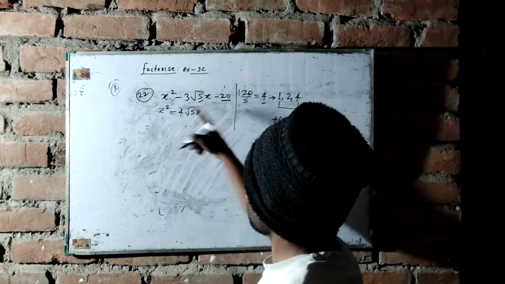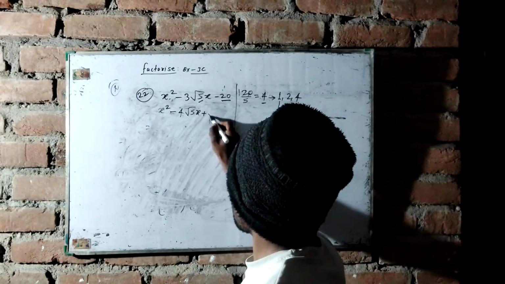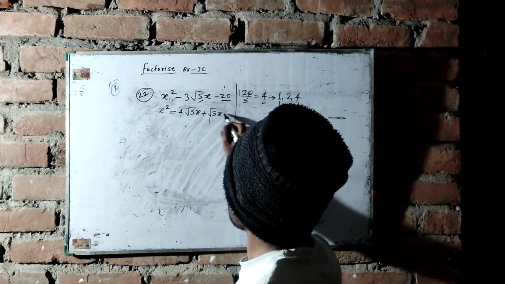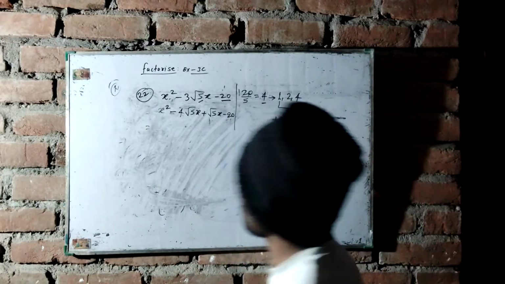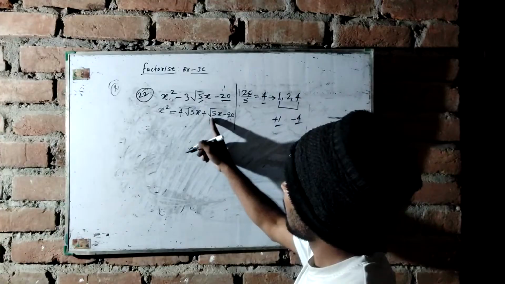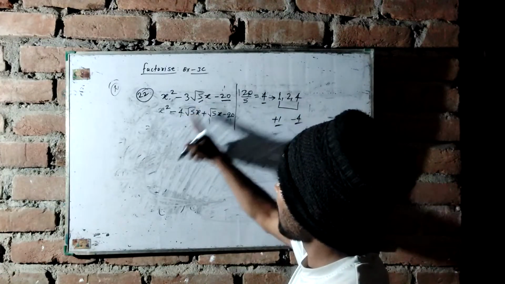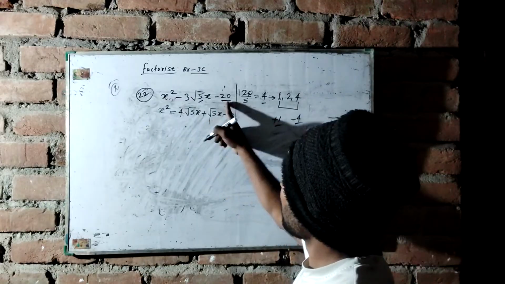So you can consider 1 under root 5x minus 20, because their sum will be minus 3 under root 5x and their product will be minus 20.